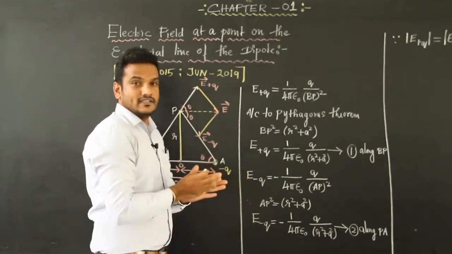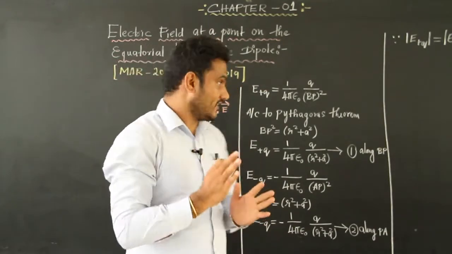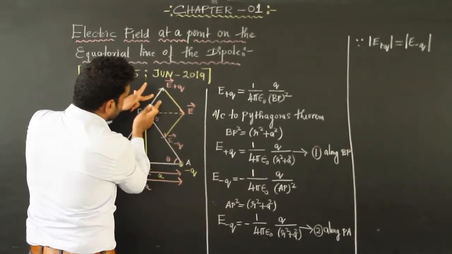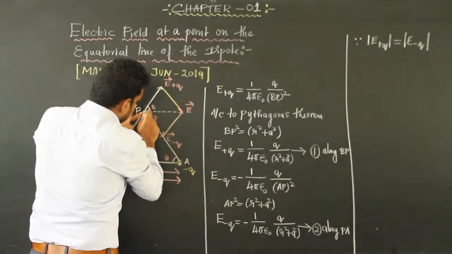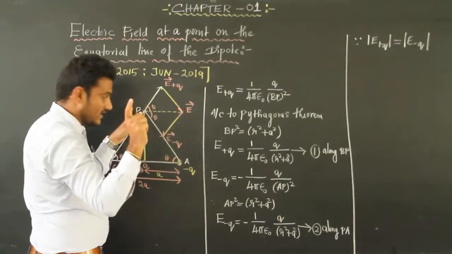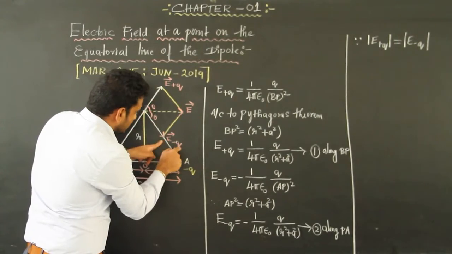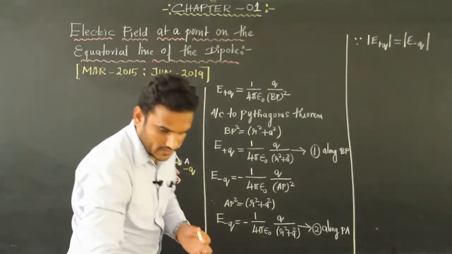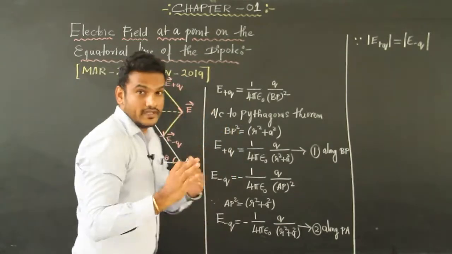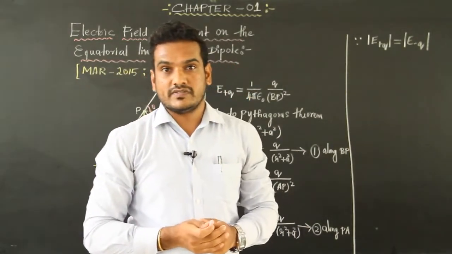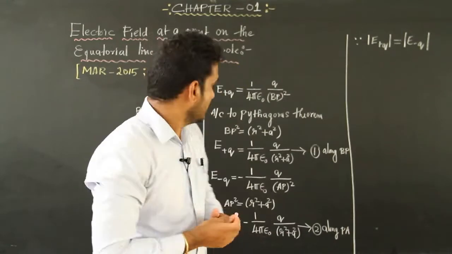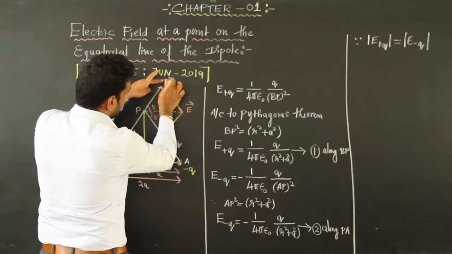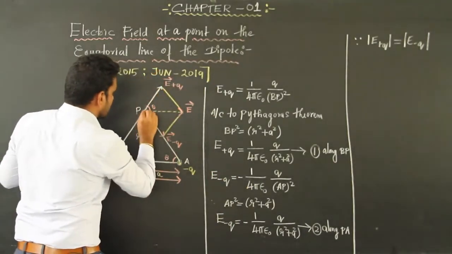To find the resultant electric field, the vector E plus Q is resolved into two components, along horizontal and vertical. Similarly, the vector E minus Q is resolved into two components, horizontal and vertical. Already you learned resolution of vectors in the first PUC itself. Similarly, E plus Q vector is resolved into two components.